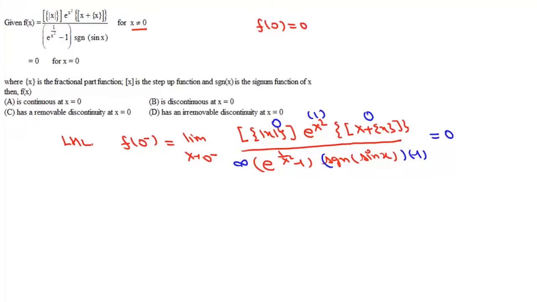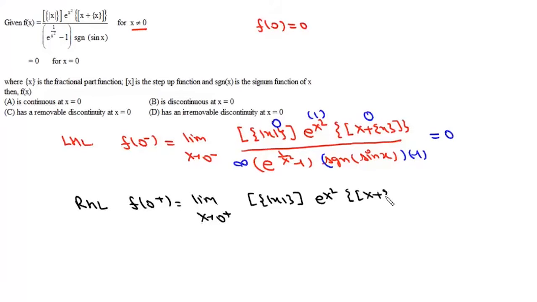Now if we find its right hand limit, it is f(0 positive), and it will be this limit: x tends to 0 positive, and again it will be this greatest integer function of fractional part of mod x, e to the power x square, fractional part of greatest integer function of x plus fractional part of x, upon e to the power 1 upon x square minus 1, into signum of sin x.